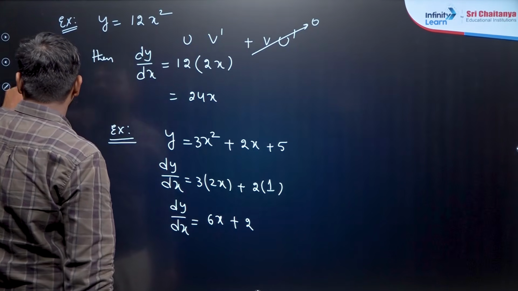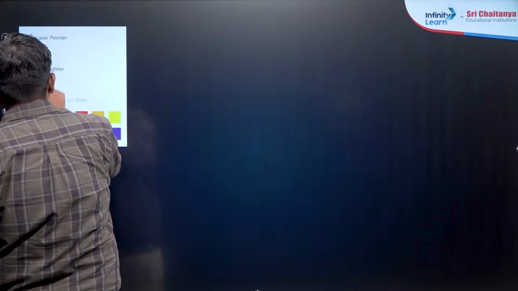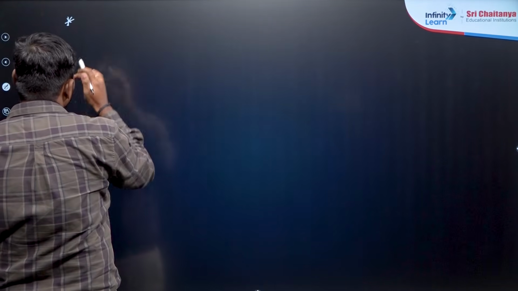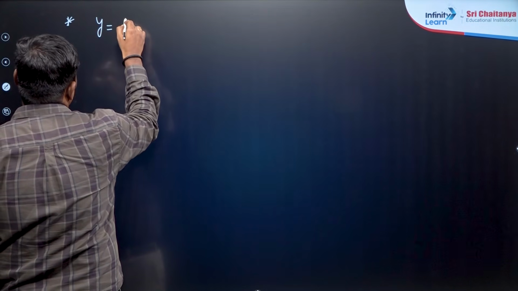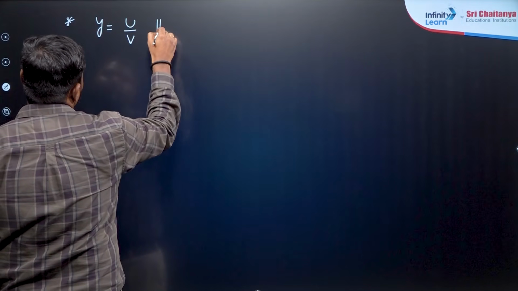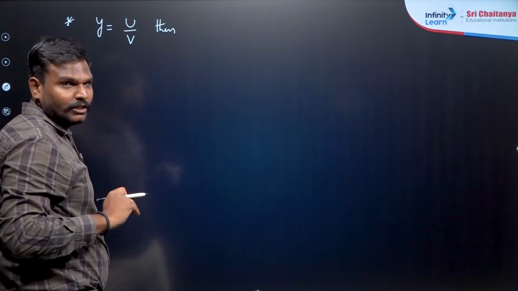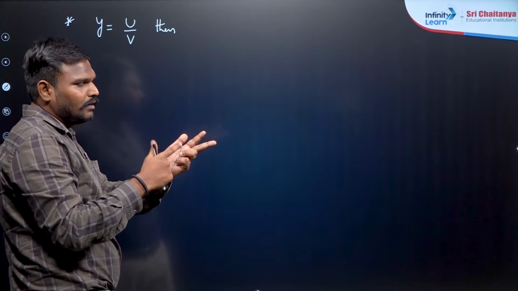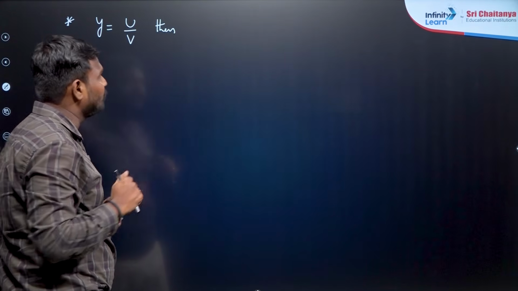Next. A couple more formulas are pending, that also we will discuss now. Next formula: y is equal to u by v, that is numerator by denominator. It's a fraction. We have seen addition, subtraction, and multiplication, u into v. Now we are seeing division.